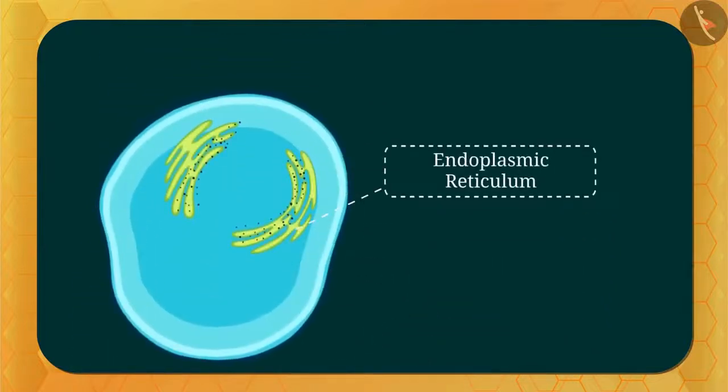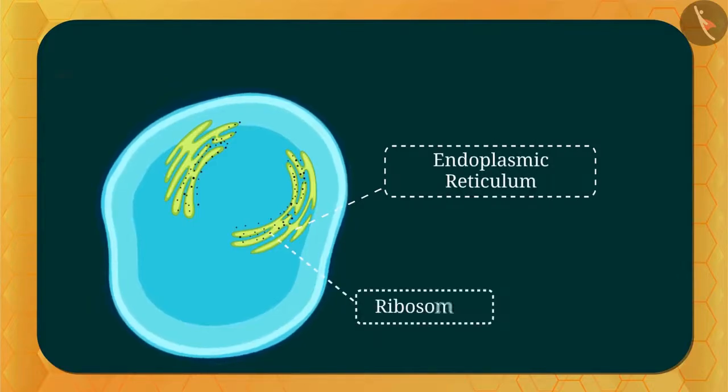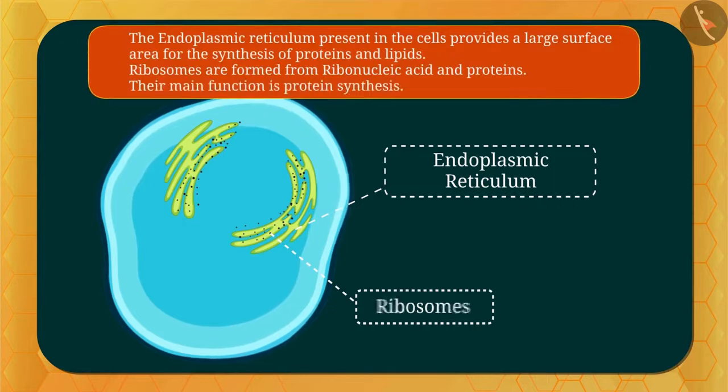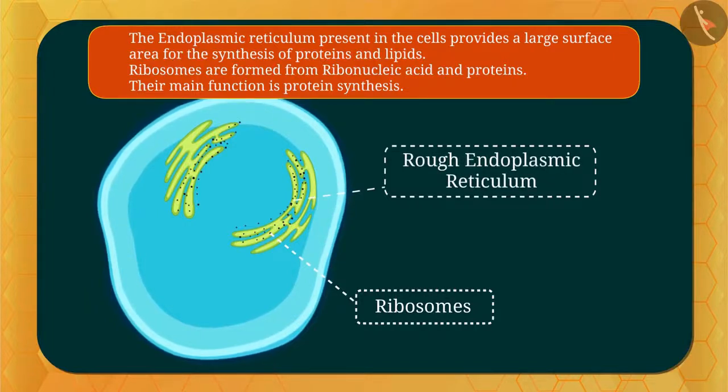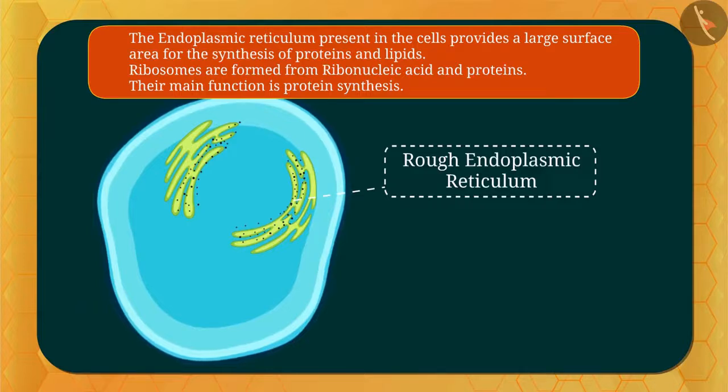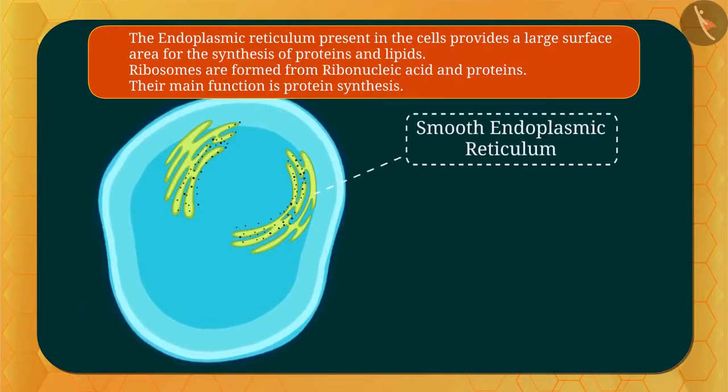Let's see them. This is the endoplasmic reticulum. The black dots on the side of the endoplasmic reticulum are called ribosomes. The endoplasmic reticulum containing ribosomes is called rough endoplasmic reticulum. And those which do not have ribosomes are called smooth endoplasmic reticulum.